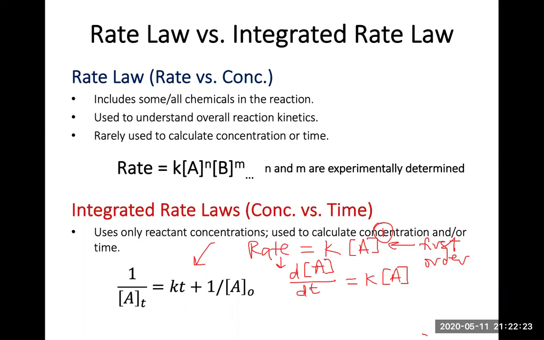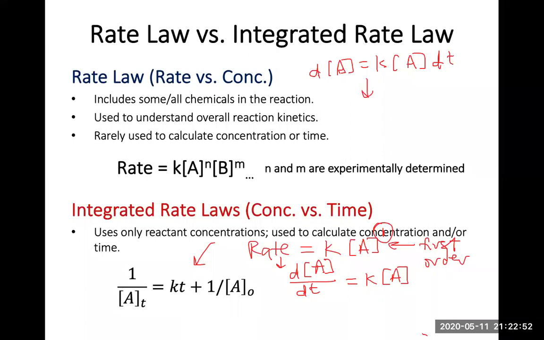So maybe I'll sneak up here at the top. If I multiply both sides by dt, I'll have d[A] equals k[A] dt. Now I want to get time on one side of the equation and the concentrations all on the left, so I'll divide both sides by the concentration.